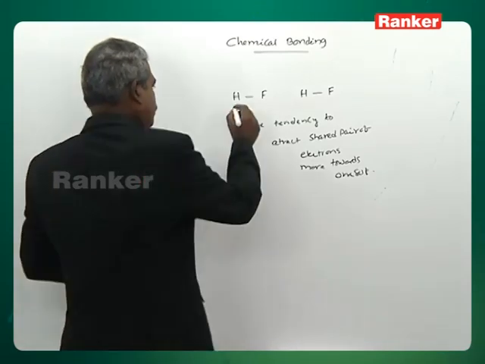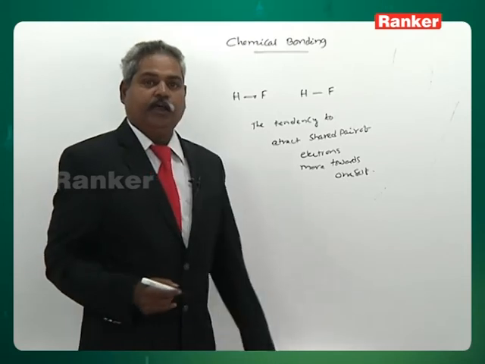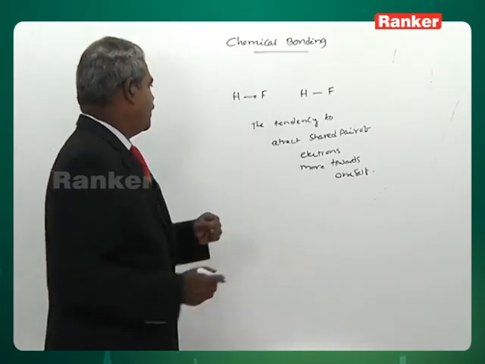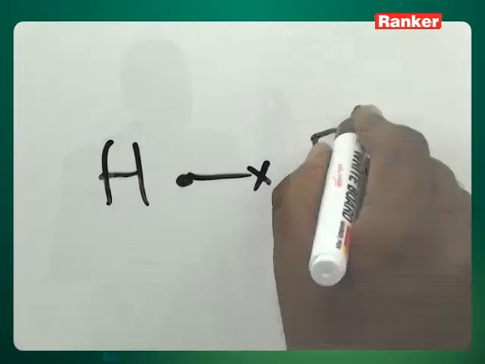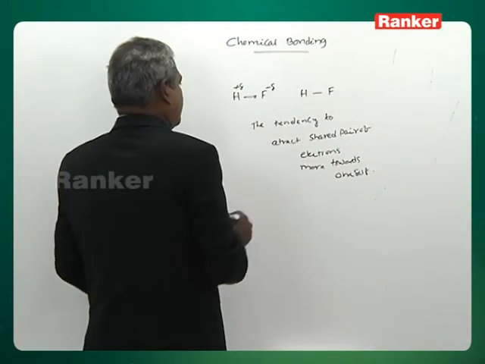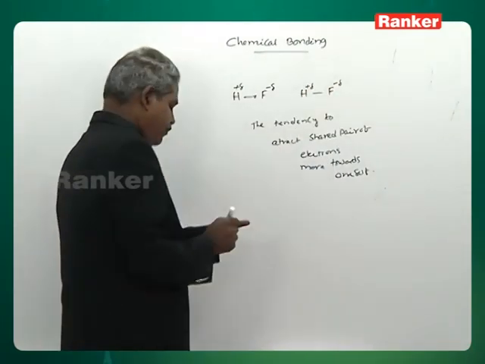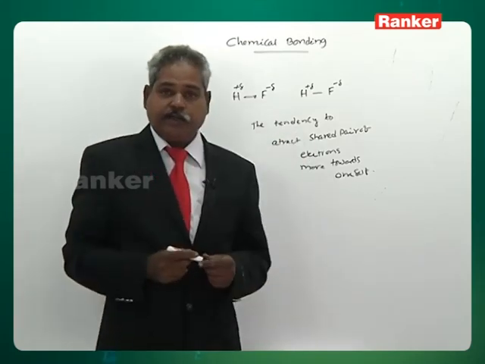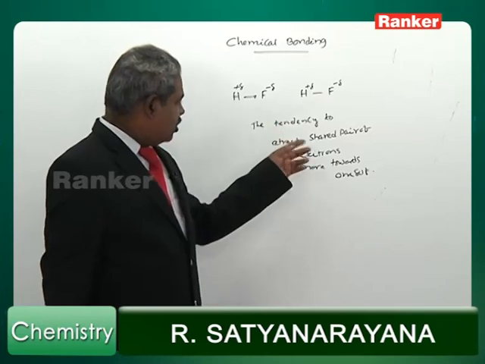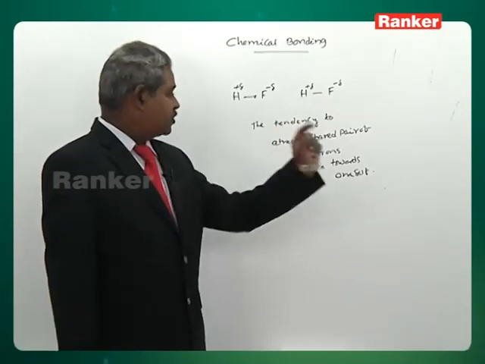Here these 2 electrons belong to both hydrogen and fluorine equally, but fluorine wants to enjoy a lion's share of it. Therefore, it always keeps the electrons, so it becomes minus delta, plus delta. And here this fluorine also minus, plus. Actually, we are defining electronegativity very late, in the sense that we saw the trends in electronegativity in the periodic table itself. But why are we discussing it now?